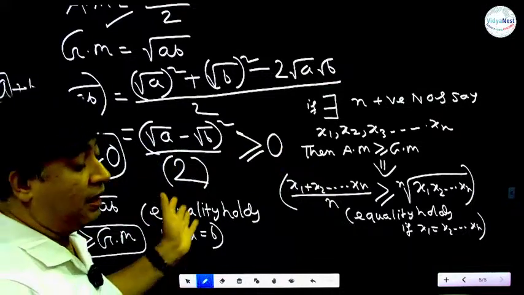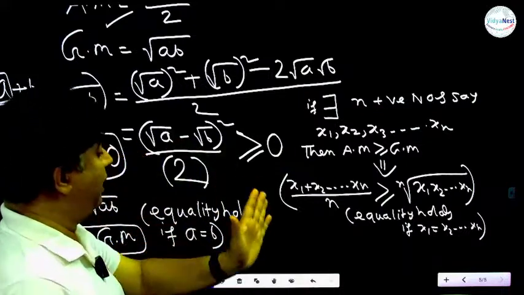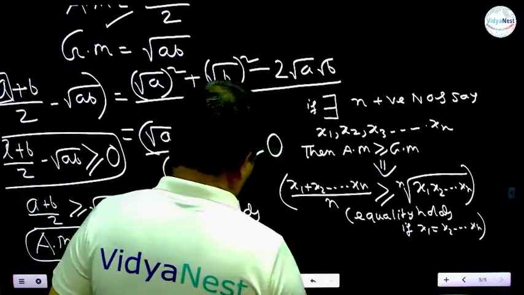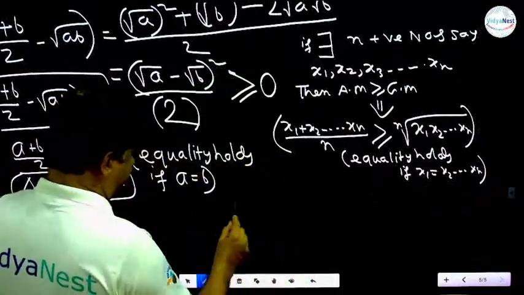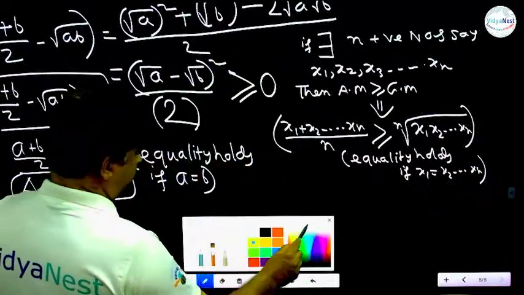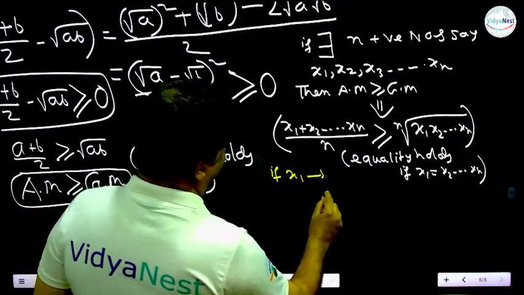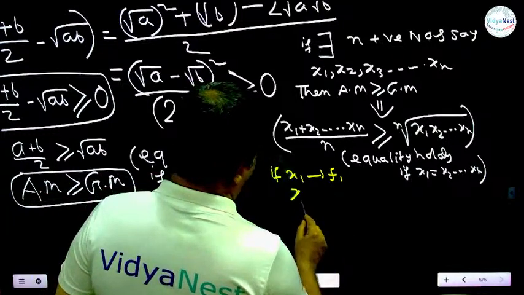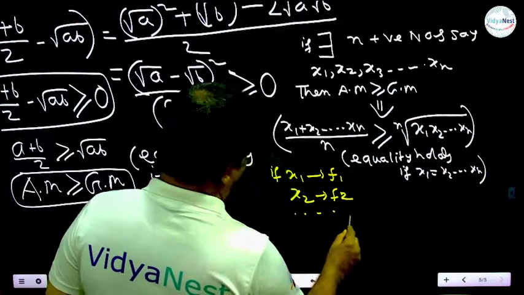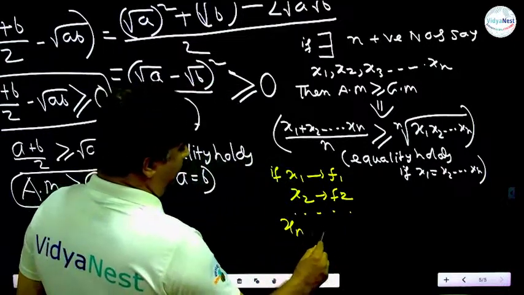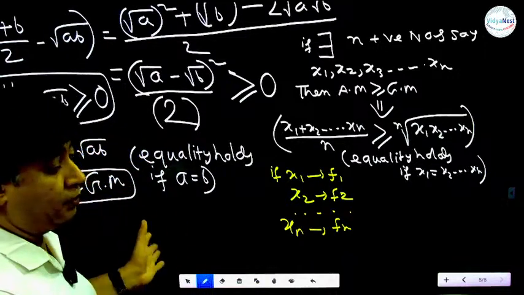Now the same thing we can use for weighted arithmetic mean. If x1 has weight f1, x2 has weight f2, dot dot dot, xn has weight fn, then what will be the relation?